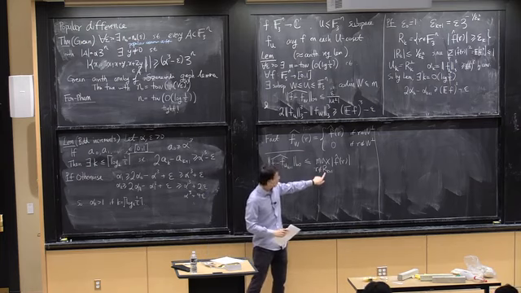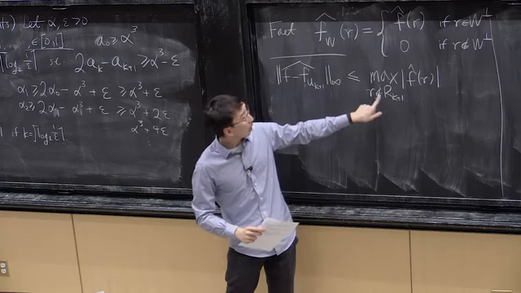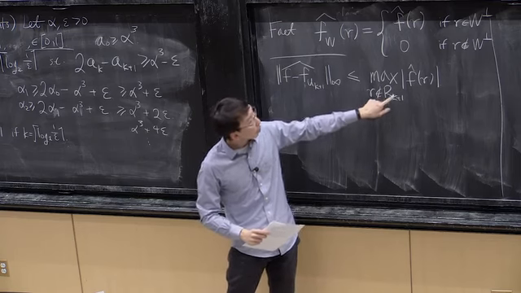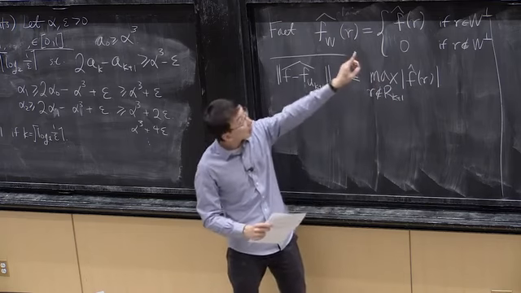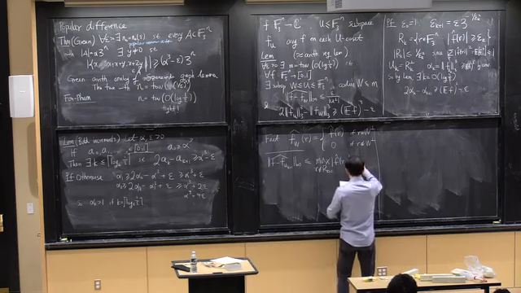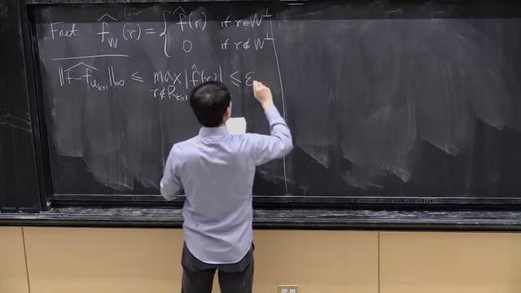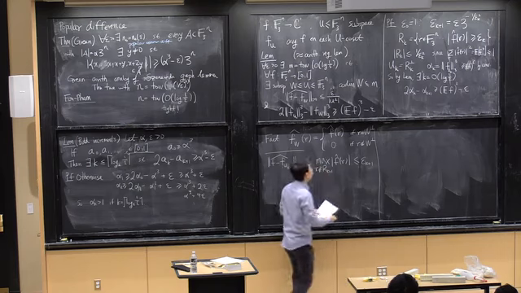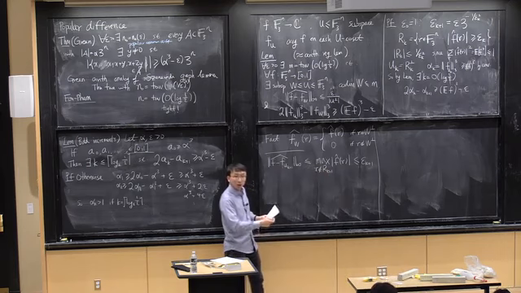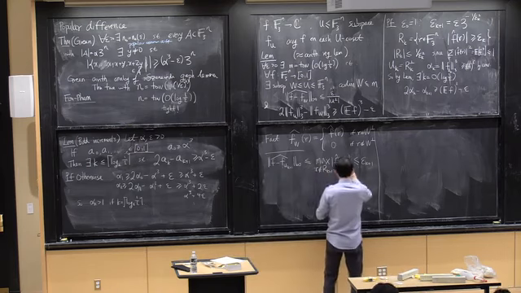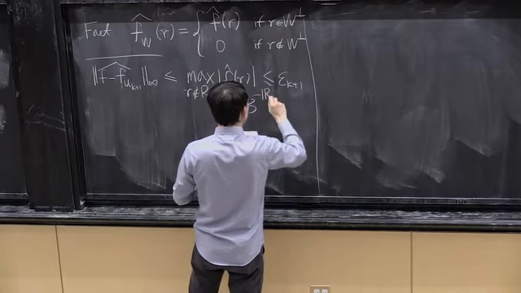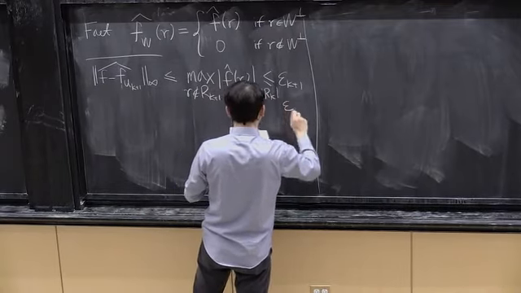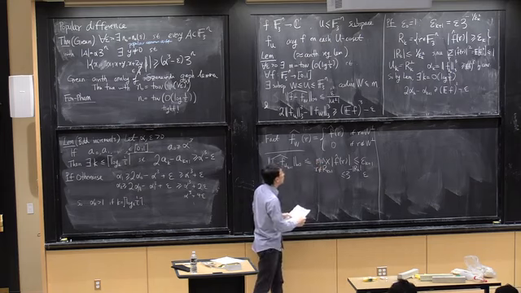But we chose our big R so that if your little r is not in the big R, then the Fourier coefficient must be small. That's how we chose the big R. So we have this bound over here, and by the definition of the epsilon, we have that bound.